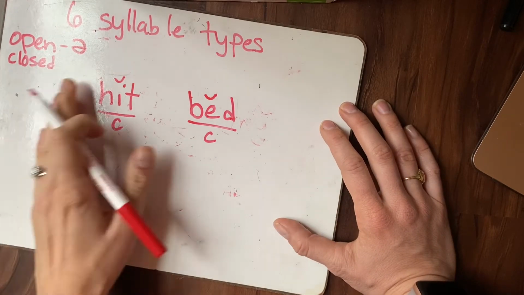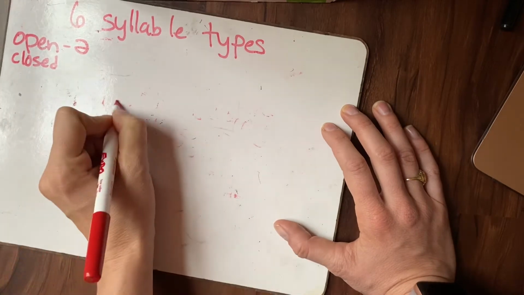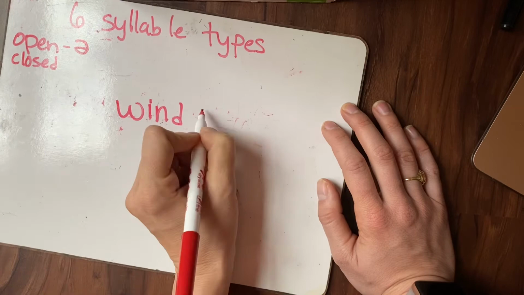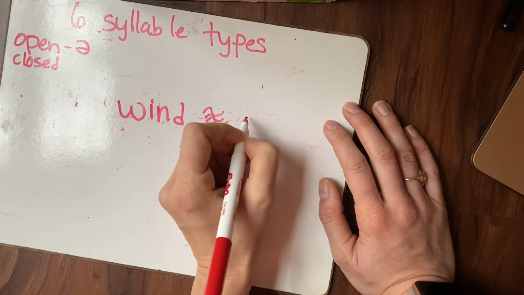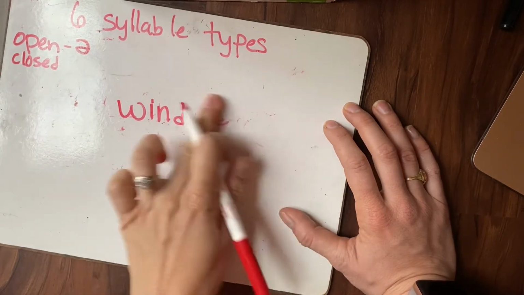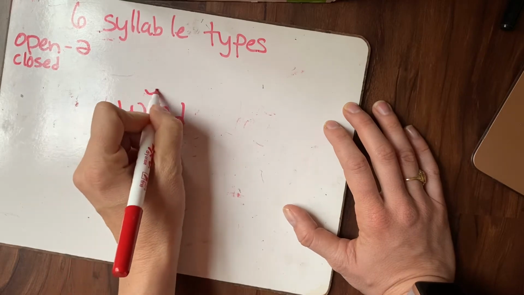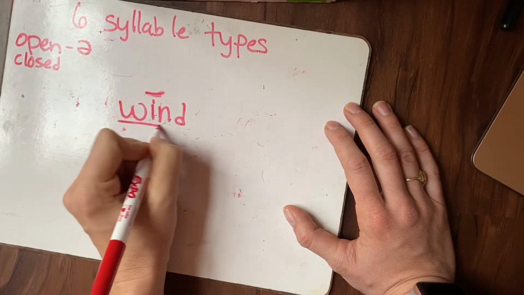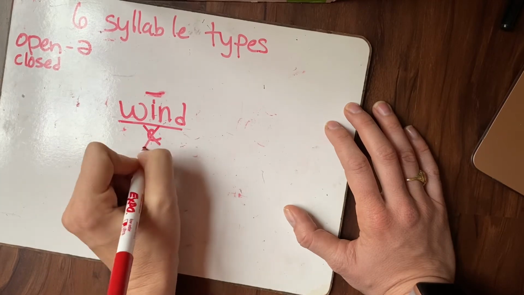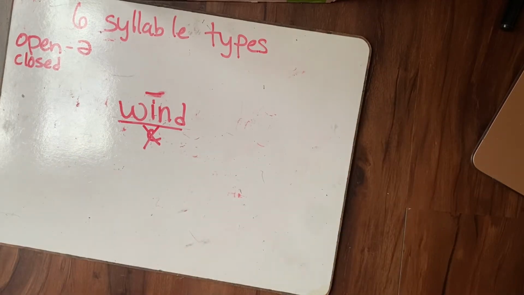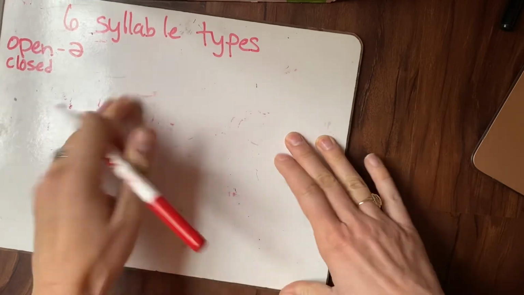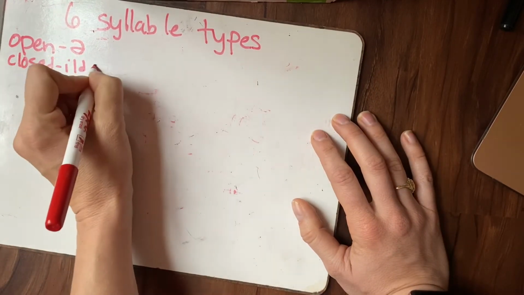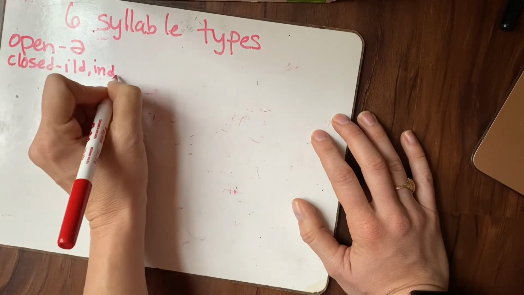Now I have some exceptions with my closed syllables. Let's think about this word here. I can say this as wind, like it blows, or I could have it wind, like a wind-up clock. So it could be short, or it could be long. If it's long, it's a closed syllable, and it's a rule breaker, or an exception. We see these a lot with wild, or that wind example.